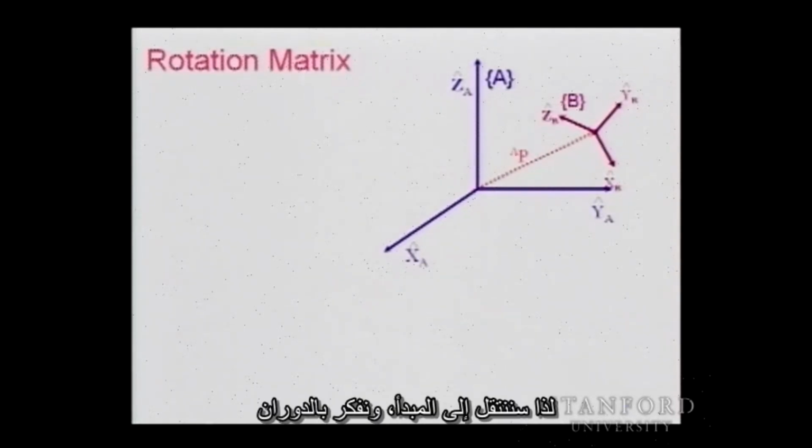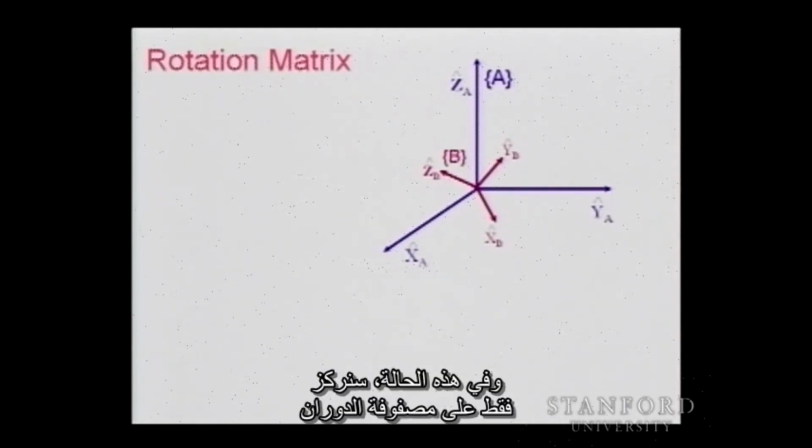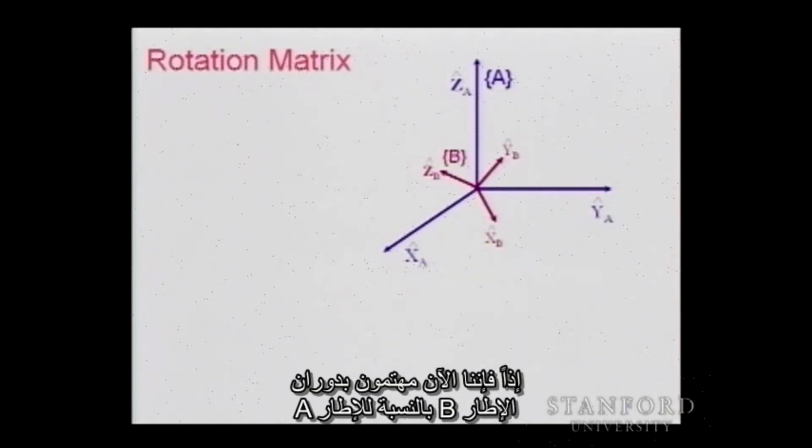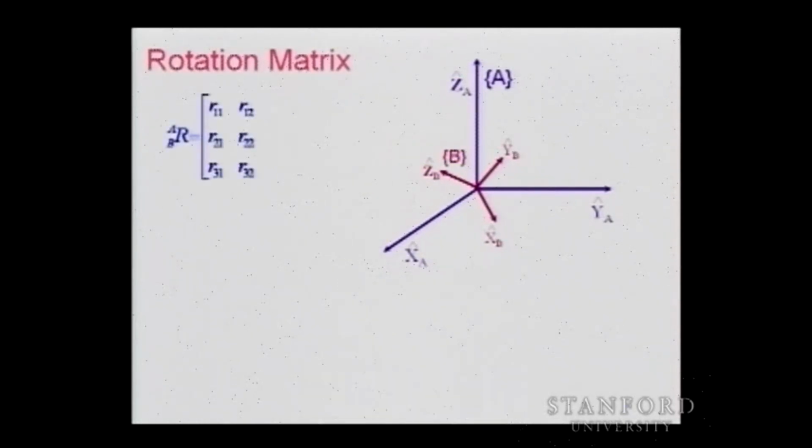So we just move to the origin and think only about the rotation matrix and the rotations of that frame with respect to frame A. So we are now concerned with the rotation of frame B with respect to frame A. This rotation is described by a matrix called the rotation matrix, and it has 9 components. We are calling them R11, 21, 31, these 3 columns.